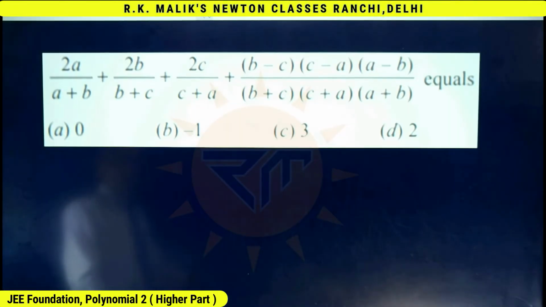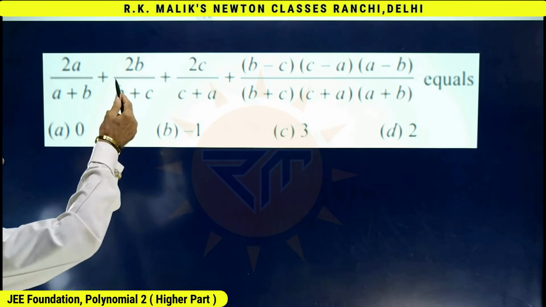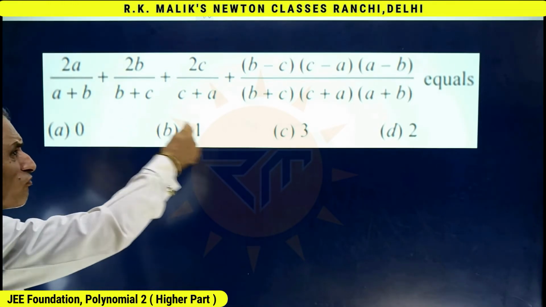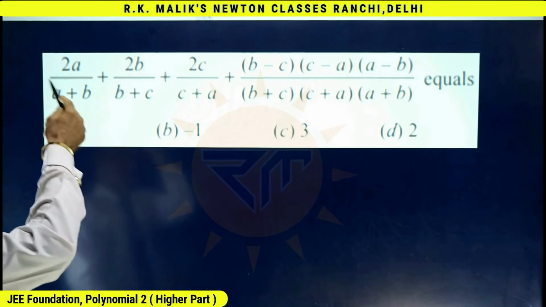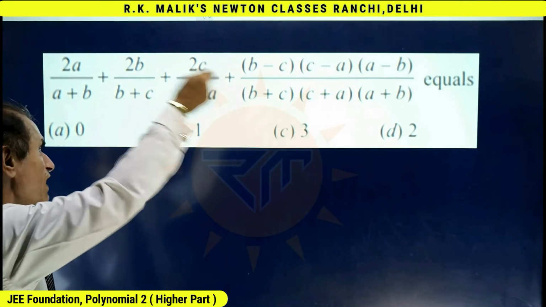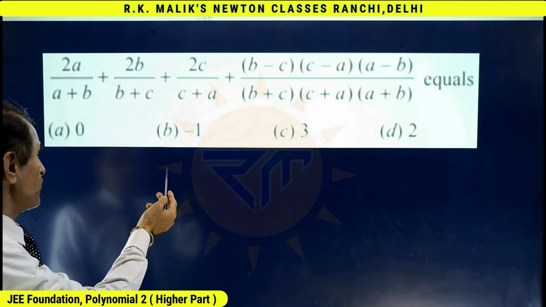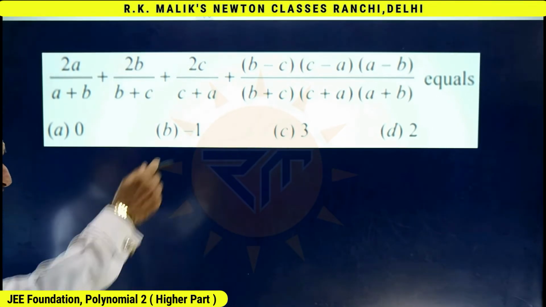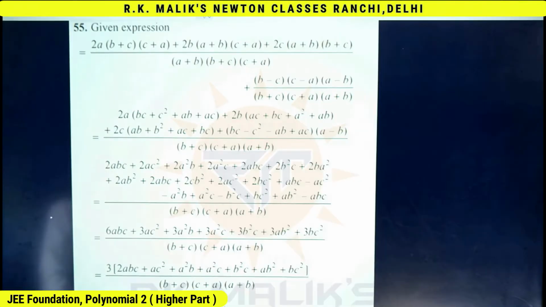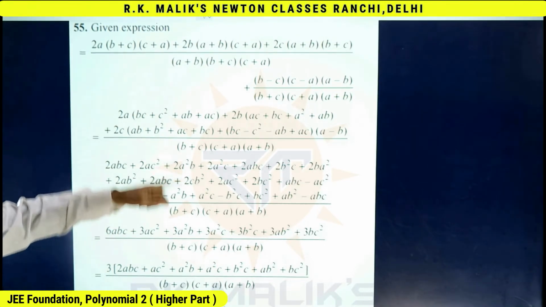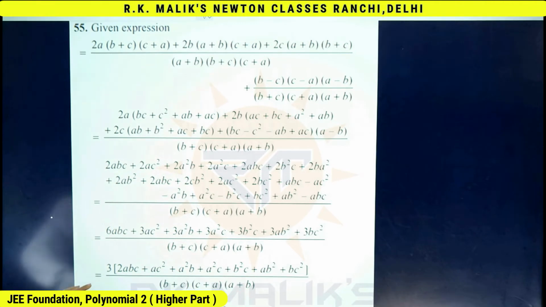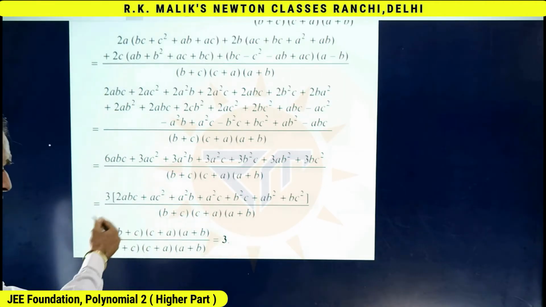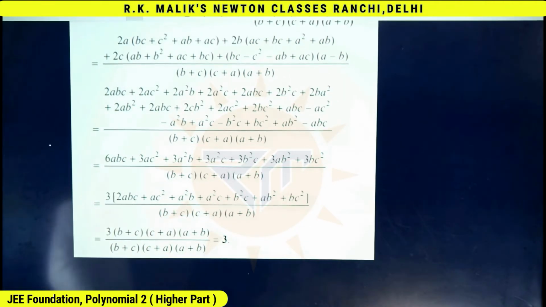In this question it is told to us that what is the value of this, that is, if we simplify this whole expression, after simplification what will be the answer? 0, -1, 3 or 2. The book from where I had taken this question, you can see very easily how much lengthy this solution is, and finally we have got the answer as 3.